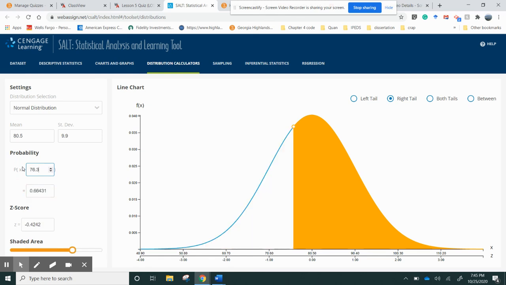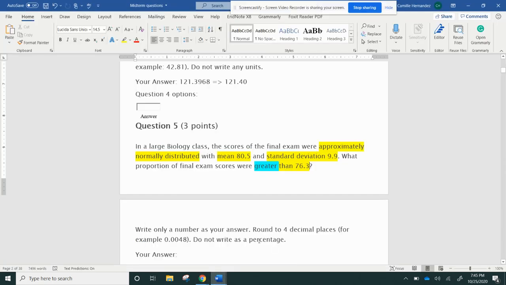So I'm going to put 76.3. Okay, and I know I'm correct because look, I wanted the proportion or the area greater than 76.3, and it's that area in orange. So then that tells me this. I'm going to take it and copy it over so you can see it. The proportion of final exams that were greater than 76.3 was 0.6643.